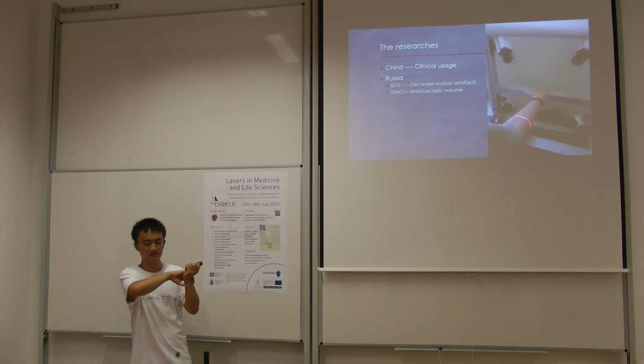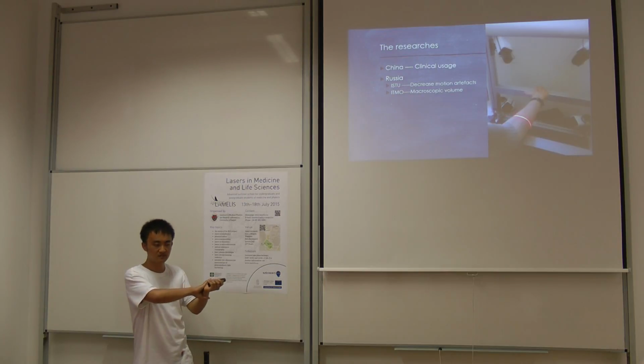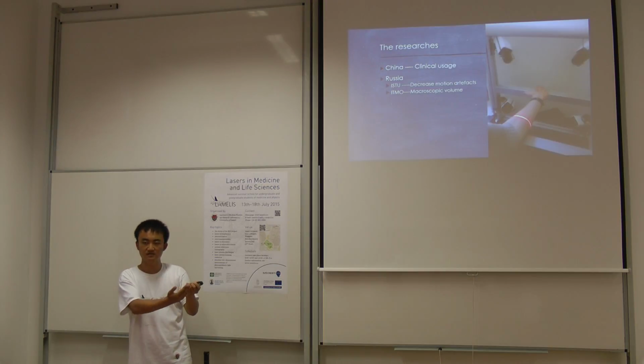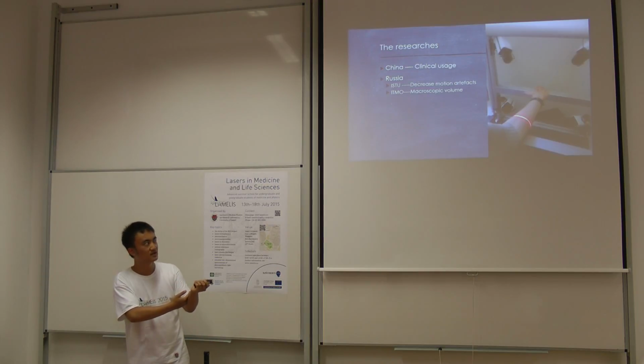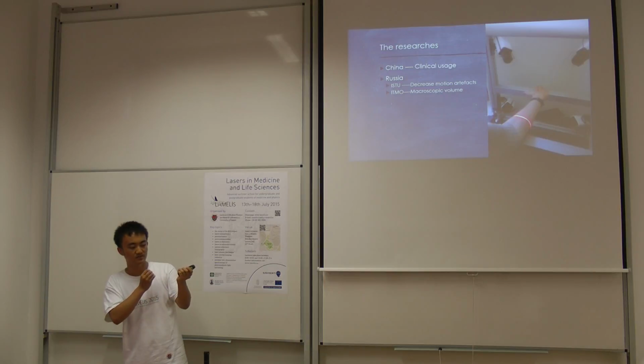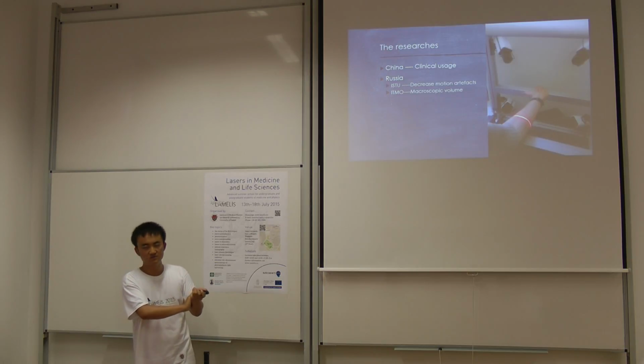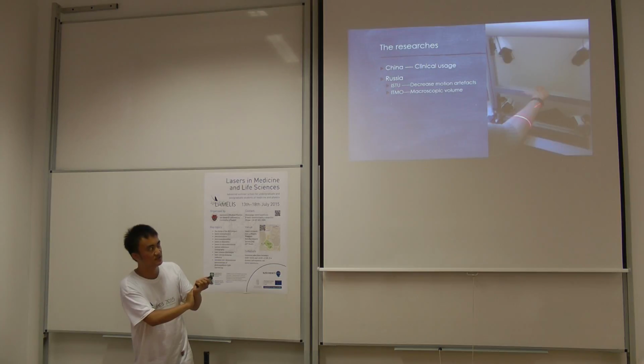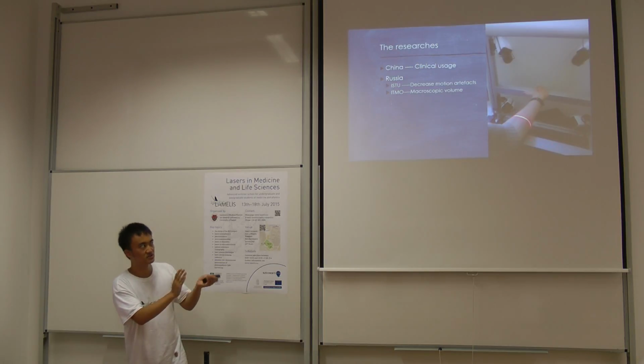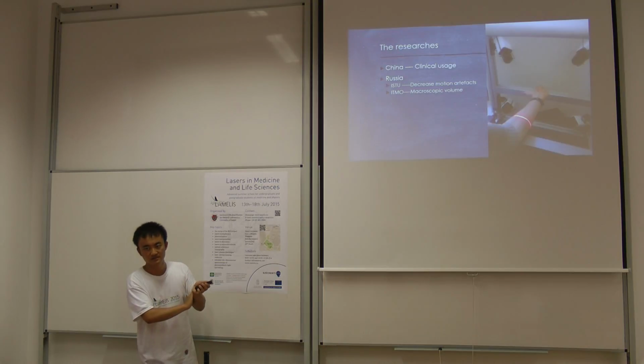And then they suddenly release the belt, and so the blood can come back to the vein again, and these four detectors can detect the change of the volume of the arm, because when there was no blood in the vein, the volume was smaller than when there is blood in the vein.